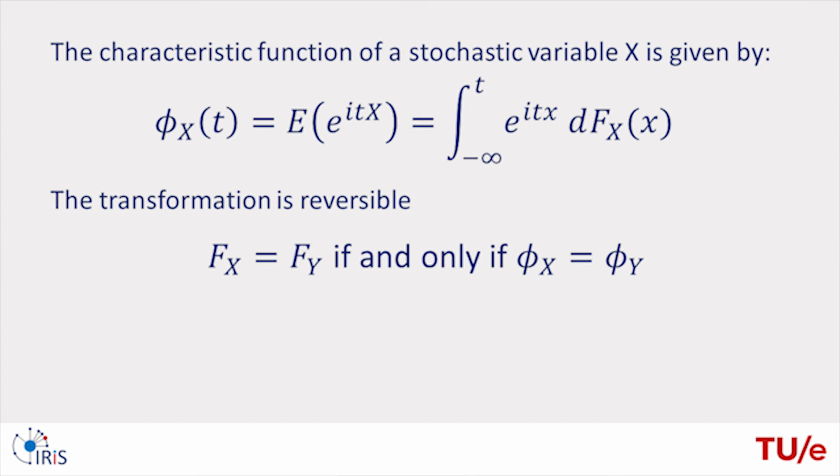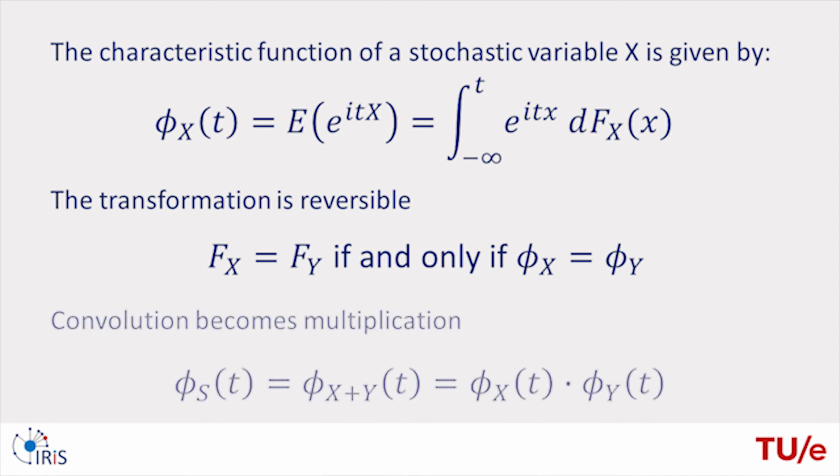So if we want to find the distribution of the sum of two variables, then we can also look for the distribution with the same characteristic function. We will have to go into some complex analysis for that, but our life is made easier because, as you may have guessed from the fact that this is a Fourier transform, when x plus y gives a convolution of the PDFs, it actually also gives rise to a multiplication of the characteristic functions.